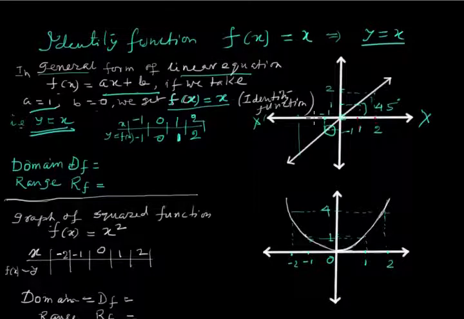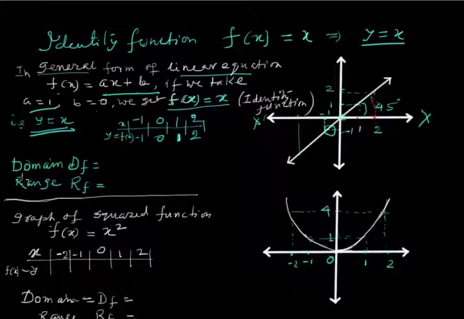For every x, whether positive or negative, we get a corresponding y. From 0 to infinity we get all points, and from 0 to minus infinity, y also has a value.